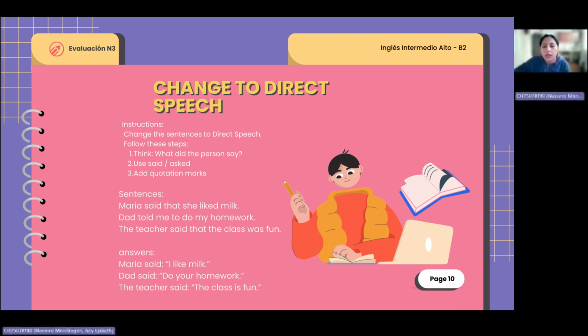In this case, in direct speech, the order is clear. The teacher said, "The class is fun." Here we repeat the teacher's exact words. Direct speech helps us report conversations clearly.